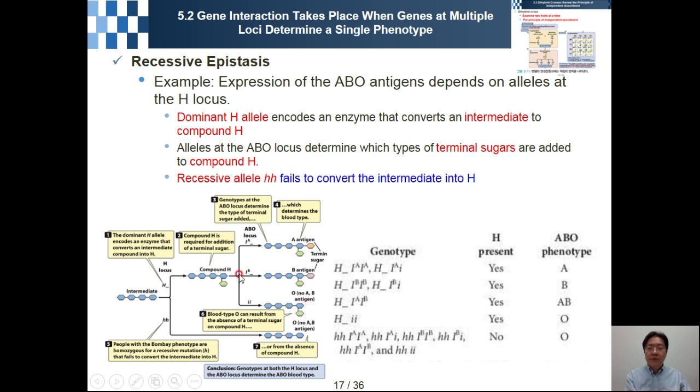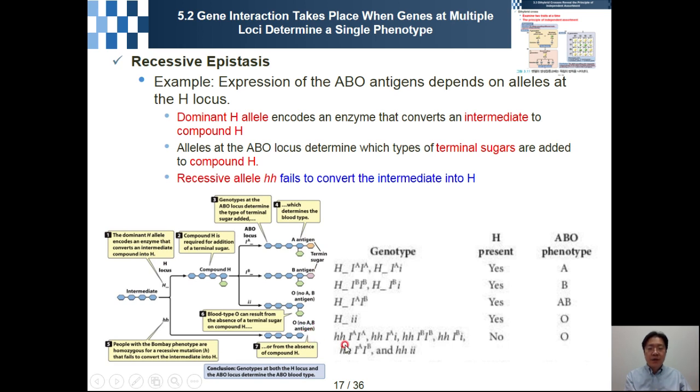Okay, how about the recessive allele? The recessive allele hh fails to convert the intermediate into H, so there will still be the intermediate. In these cases, there will be no A antigen and no B antigen.